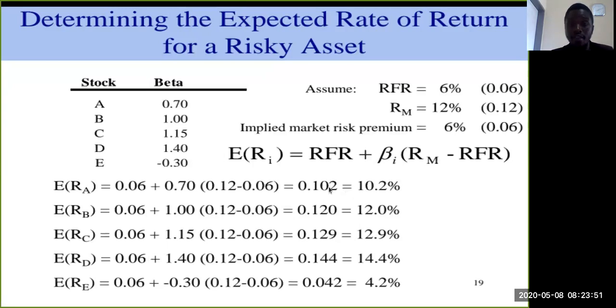For firm A, the expected return on the security is going to be 0.102, which is just 10% when you multiply it by 100. For firm B, you're going to get 0.120, which is 12% when you multiply it by 100. Doing the same for everything, you will get the expected returns on the stocks for A, B, C, D.